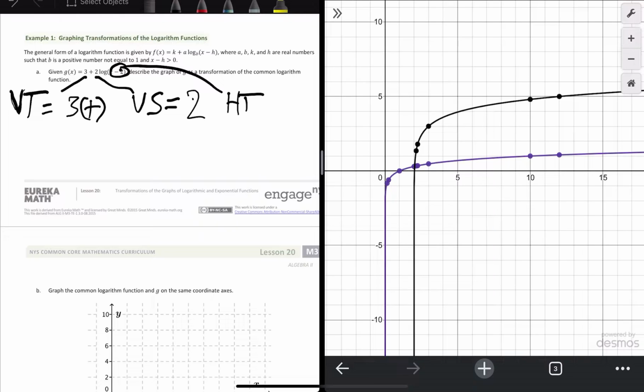Remember, when it's inside the parentheses as x minus something, that negative is built in. So that's going to be a horizontal translation of 2 to the right. This negative is built in, and we've seen that before.